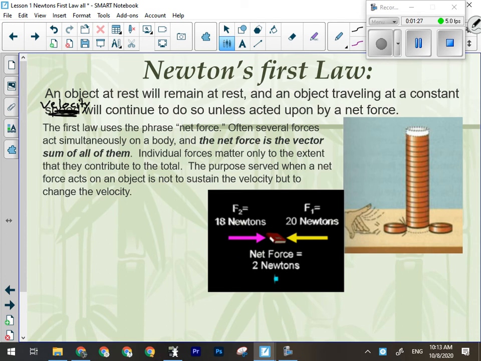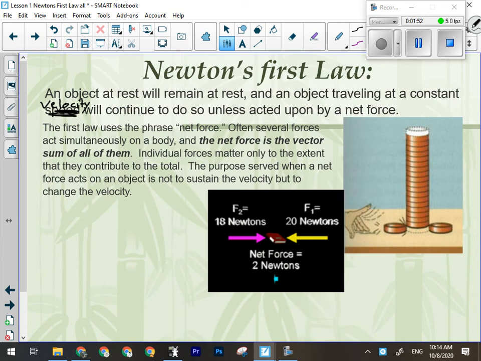If I put something on the end of a string and whirl it around in the air, it's traveling at a constant speed, but it's always accelerating because its velocity is always changing. Its direction is always changing in order to stay in a circle. So that's why that should say velocity. If something's velocity is changing, it's accelerating, even if that's just a change in direction.